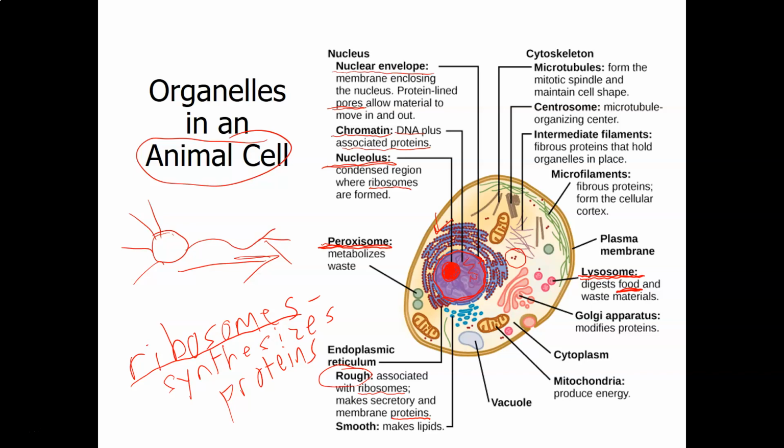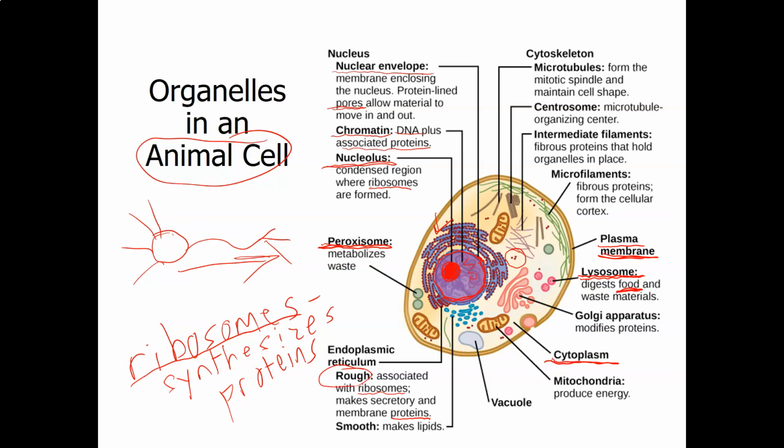We've got the plasma membrane, which is the structure that encloses the cell, and it allows certain materials in and certain materials out. The cytoplasm is actually defined as anything between the plasma membrane and the nuclear envelope.